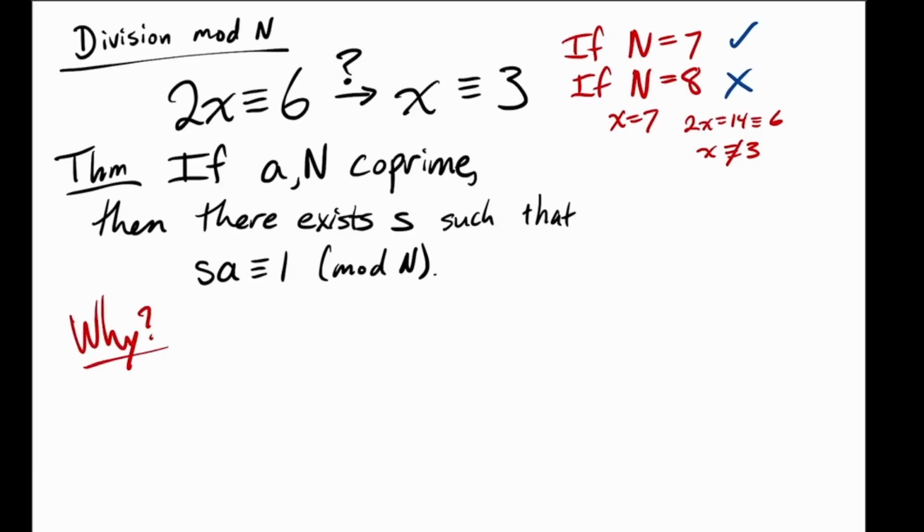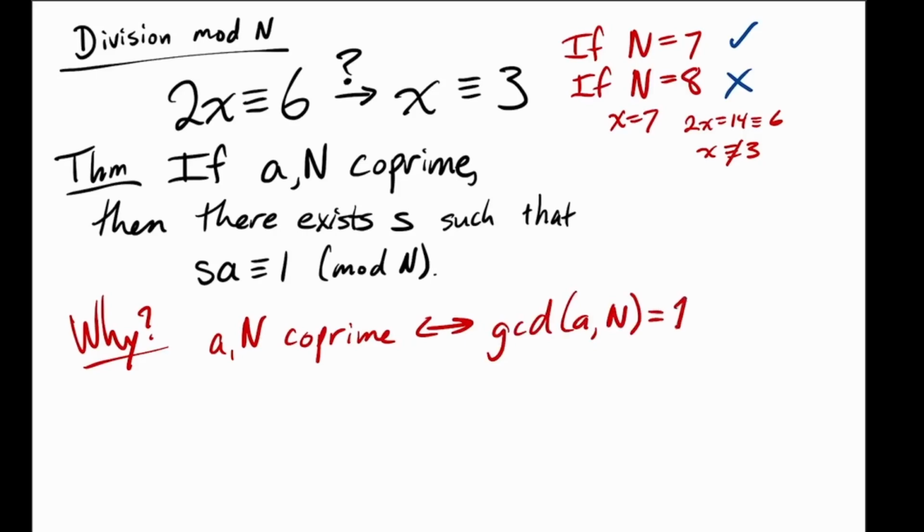Saying that a and n are co-prime is the same as saying that their GCD is 1. And so by the extended Euclidean algorithm, we know we have numbers s and t such that sa plus tn is equal to that GCD, which is just 1.